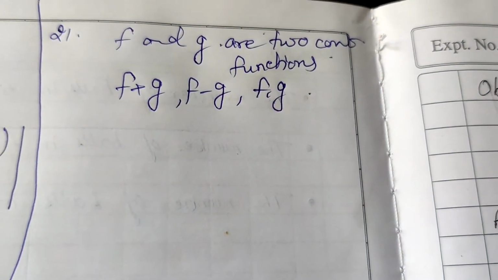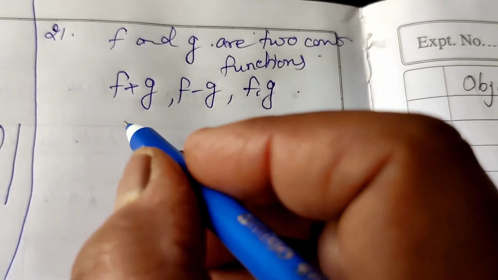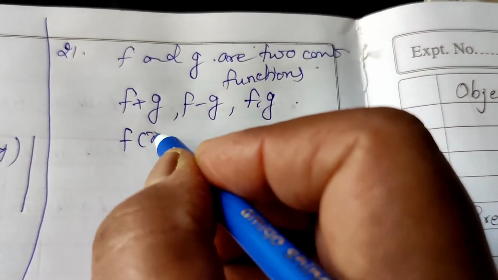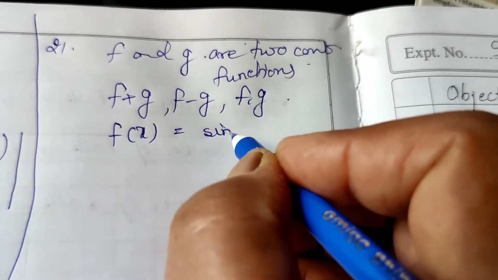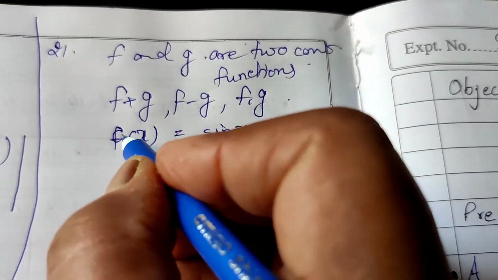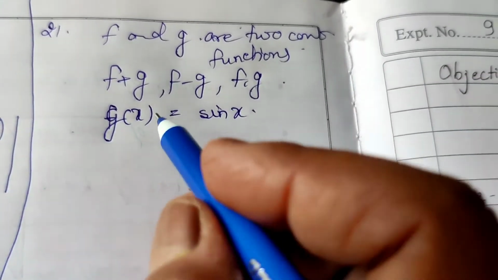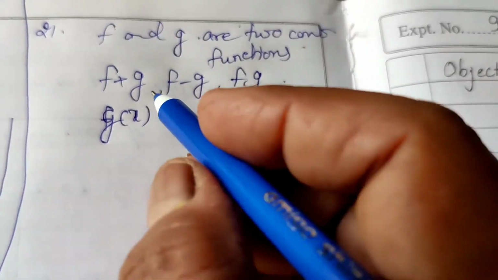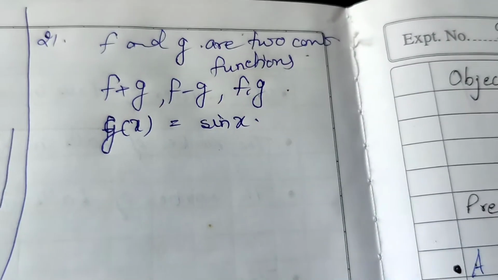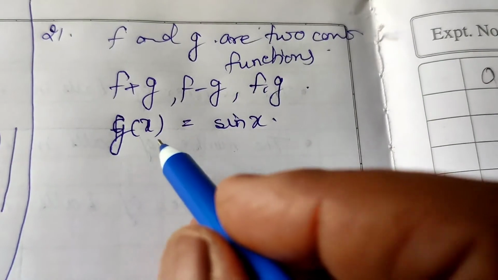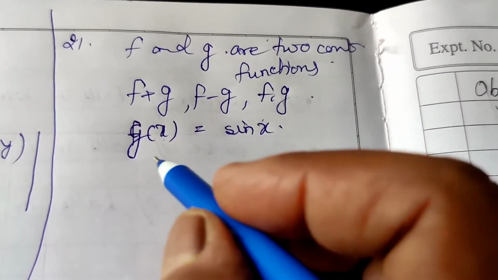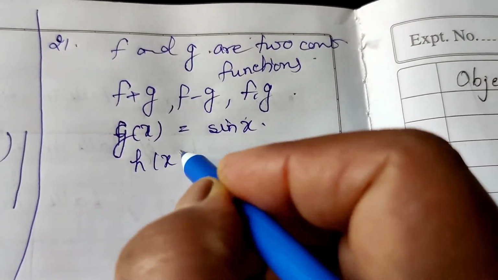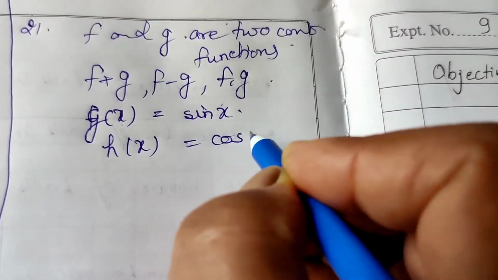So now we have to prove this. Suppose two functions: given that f(x) equal to sin x plus cos x, the first function is g(x) equal to sin x and the second one is h(x) equal to cos x.